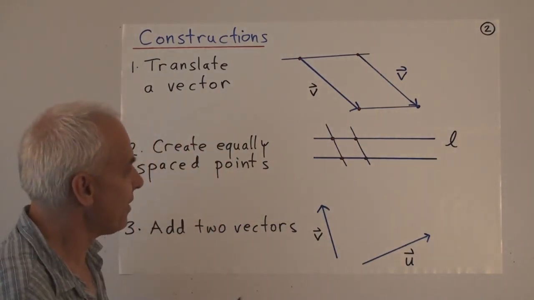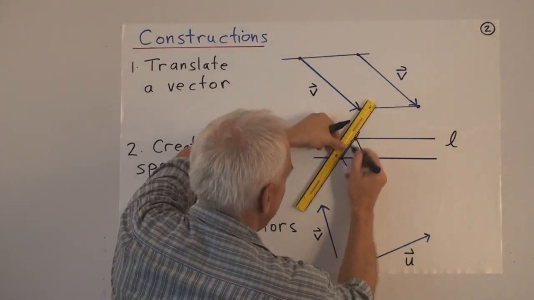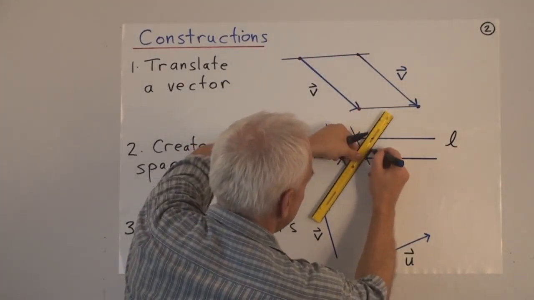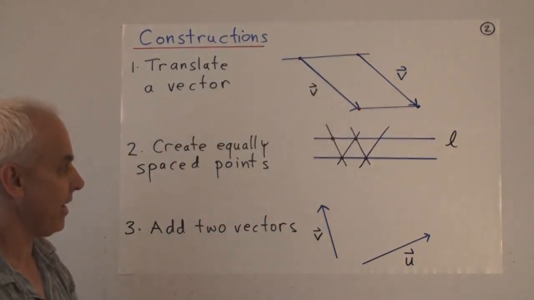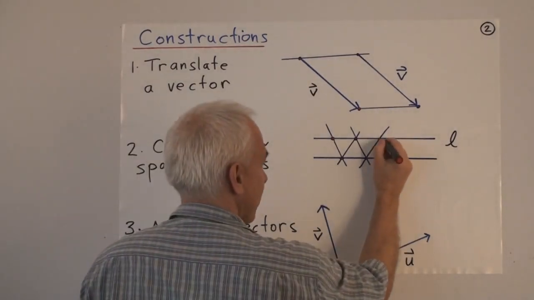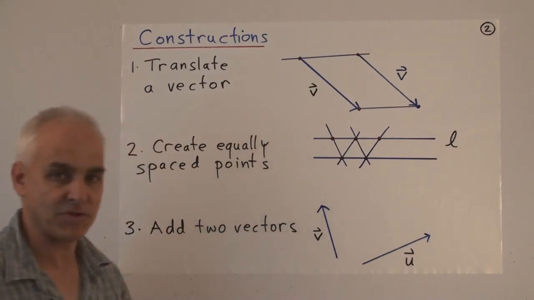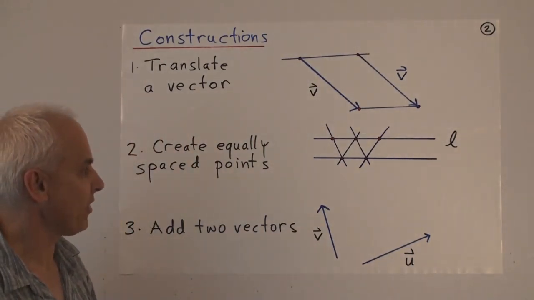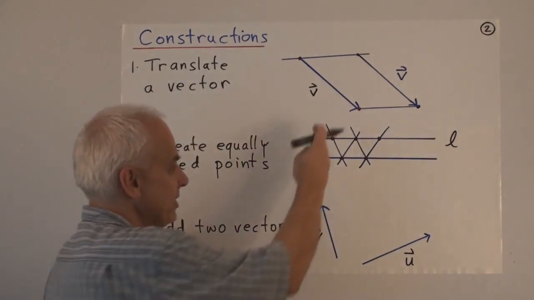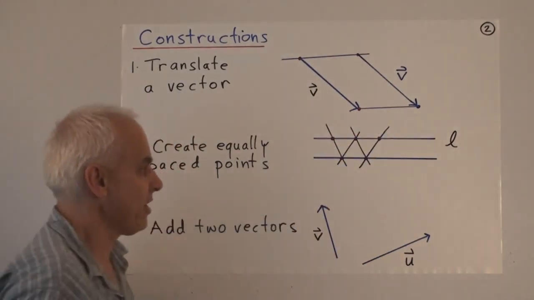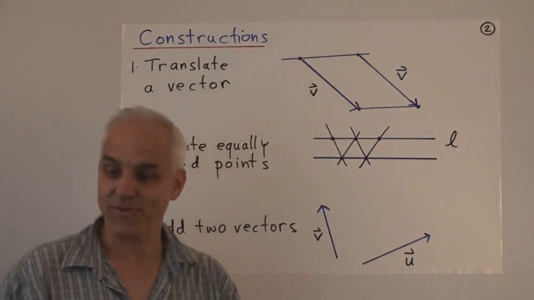And then we can join things up like this, and parallel to it another line like this, and then we found our third point equally spaced to that first pair of points. And you can see we can keep going with this crisscross pattern using all these lines parallel to these ones that I've drawn to continue creating a sequence of equally spaced points.